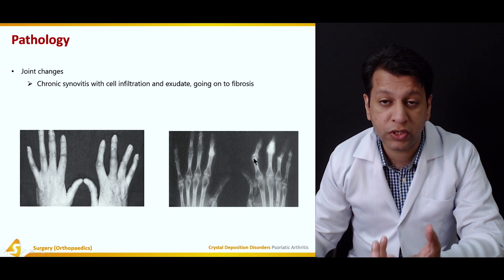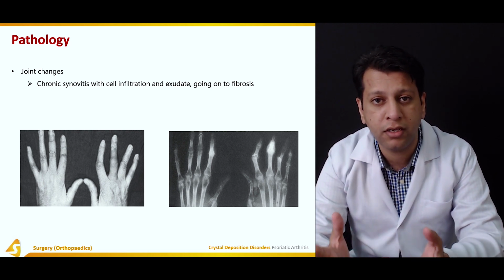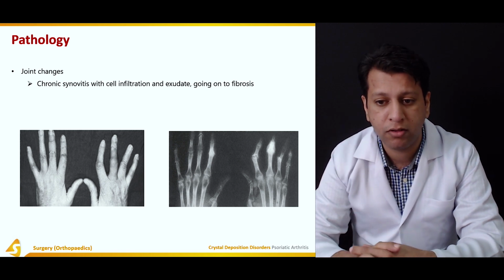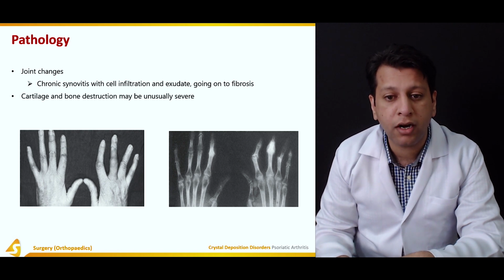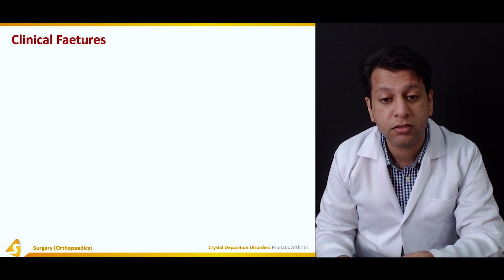Due to erosion of the joint line, this deformation of the joint occurs, resulting in malunited or malrotated joints. Cartilage and bone destruction may be more severe than usual.